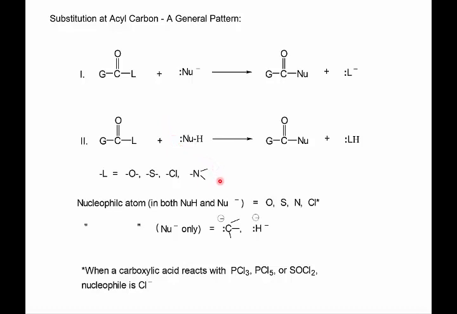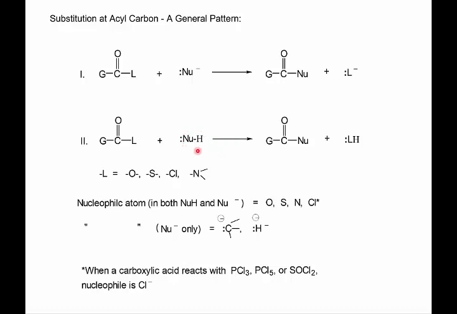Now, let's lay this out a bit here. The leaving groups, the L, can be, as I say, either O, S, chlorine, or have a nitrogen. The nucleophile is basically going to be the same heteroatom elements, negative or neutral. For both the neutral and the negatives, you have these same heteroatom elements: oxygen, sulfur, and chlorine. Examples might be water.